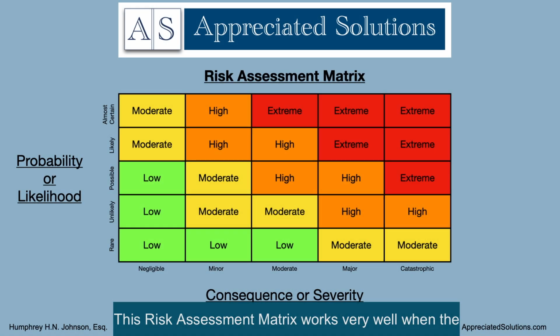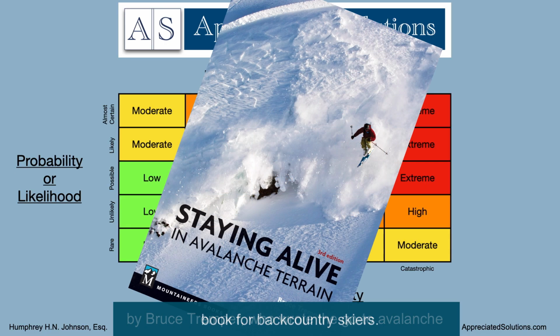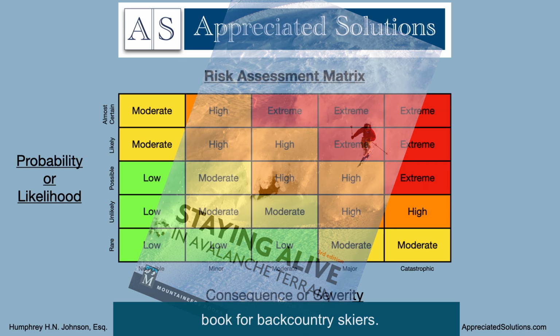This risk assessment matrix works very well when the probabilities and consequences are well defined and easy to measure. For example, I first learned about this in an avalanche awareness lecture given by Bruce Tremper, who wrote the go-to avalanche book for backcountry skiers.